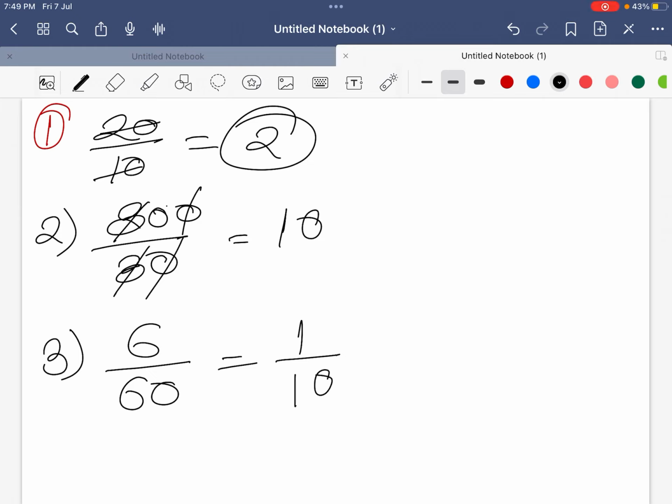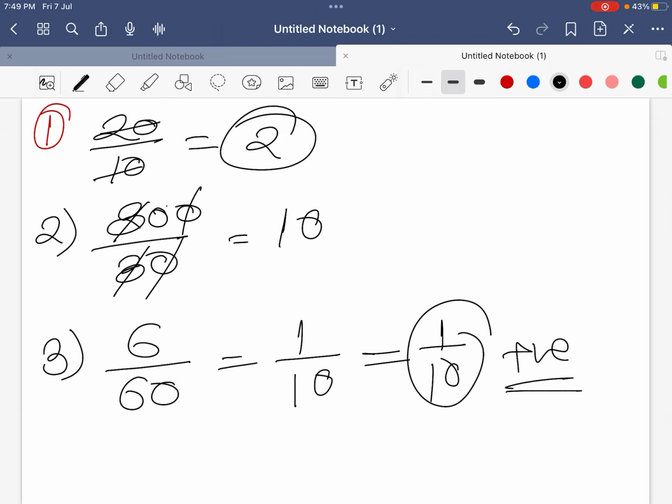In this case this term is positive, this is also positive, and your answer is also positive. So you will write the answer like this, 1 upon 10. So this is a positive number. Clear?